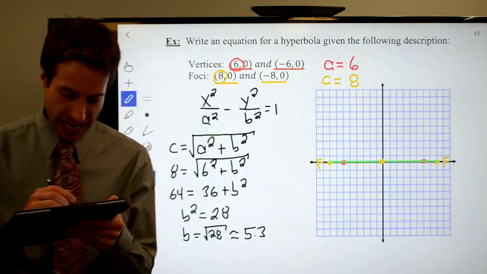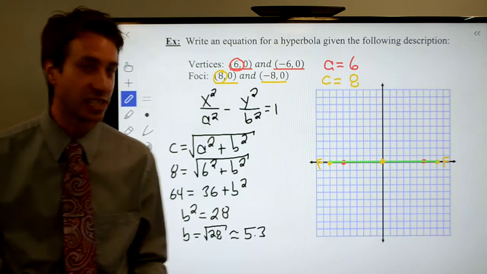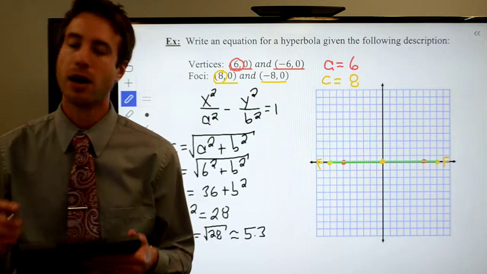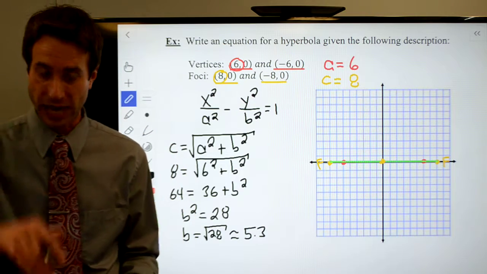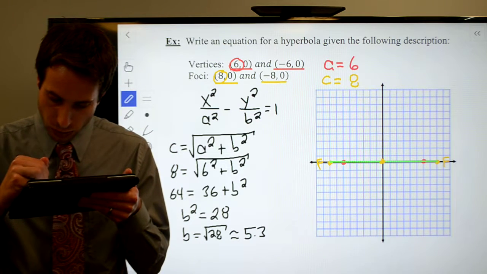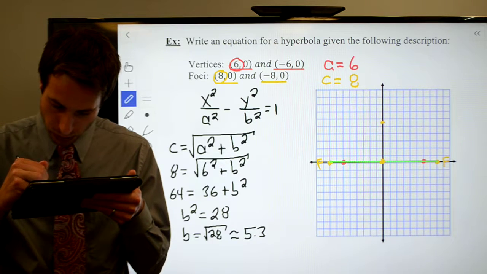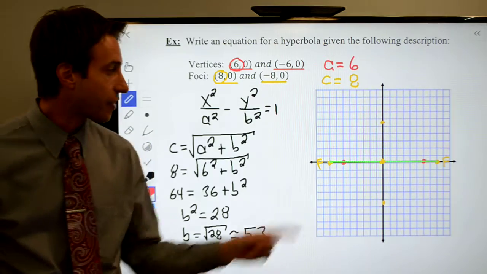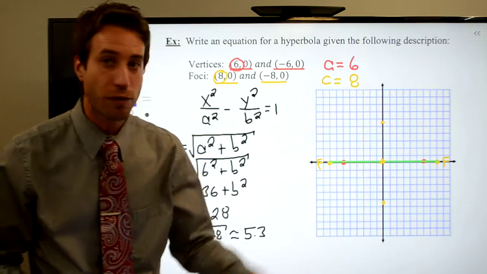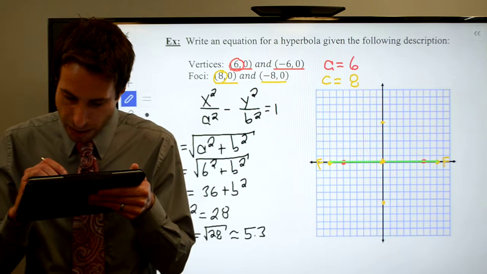Alright, I will write the equation for my hyperbola in just a second, but let's go ahead and graph this guy. I now know that my co-vertices are up 5.3 and down 5.3. 1, 2, 3, 4, 5.3. Awesome. Okay, now that I know my vertices and my co-vertices, sketch in that box.